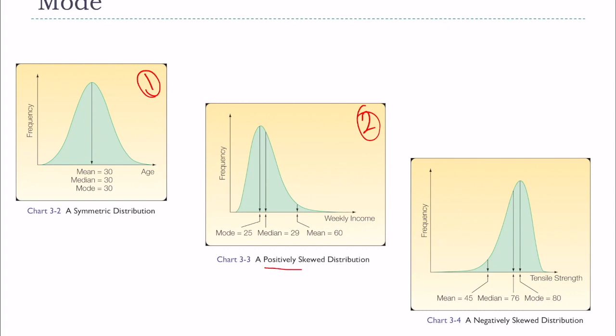And so you can see that our mean for weekly income is down here at 60, and then the median and mode are less than the average. And then here in graph 3, we have a negatively skewed distribution where the mean is on this end, and then your median and mode are greater than the average.